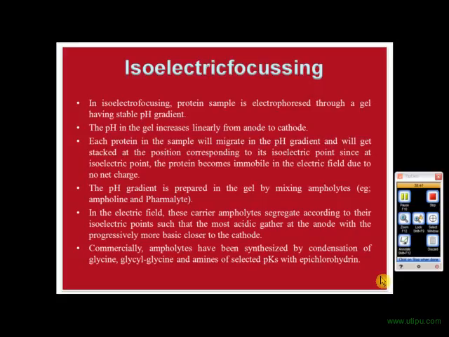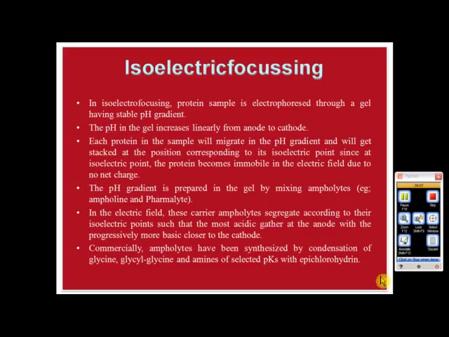Generally this pH gradient is prepared by mixing ampholytes. Commercially available examples are Ampholine and Pharmalyte, from the bigger companies, because they are not produced by smaller companies as they are high cost. What do these ampholytes contain?